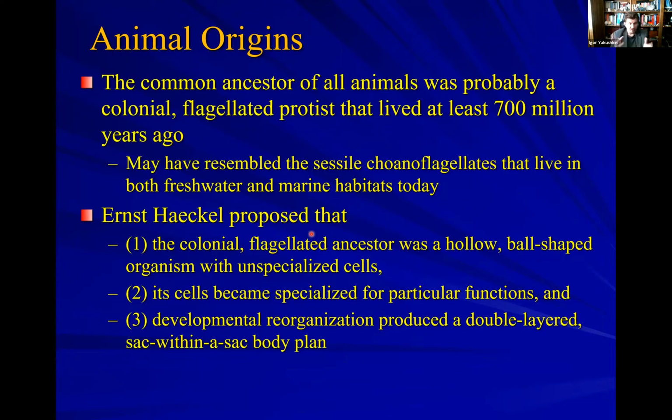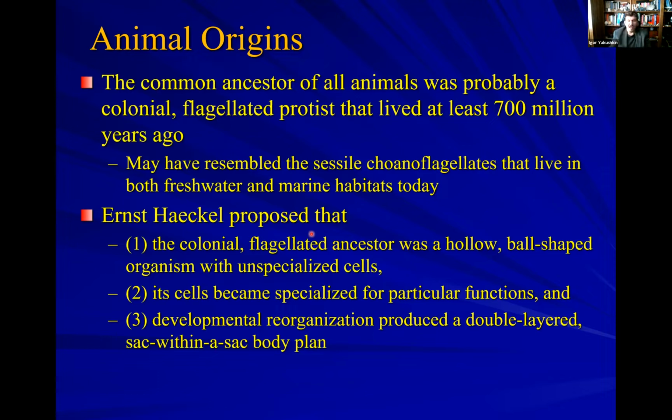Ernst Haeckel says, well, at some point in time, it was probably a free-living colonial organism, similar to what we saw in Volvox, but Volvox was more like a plant, a green algae. But in this case, we're talking about a hollow ball of cells, which was floating around, of course, somewhere in an aquatic environment.